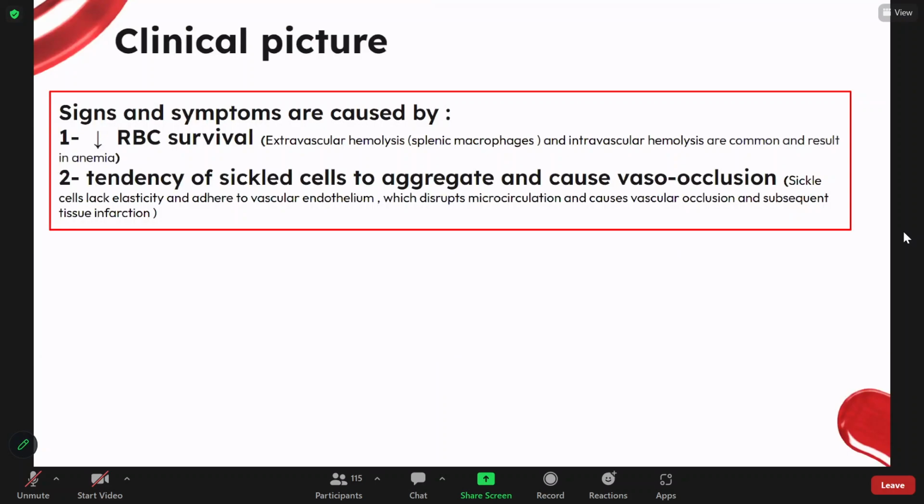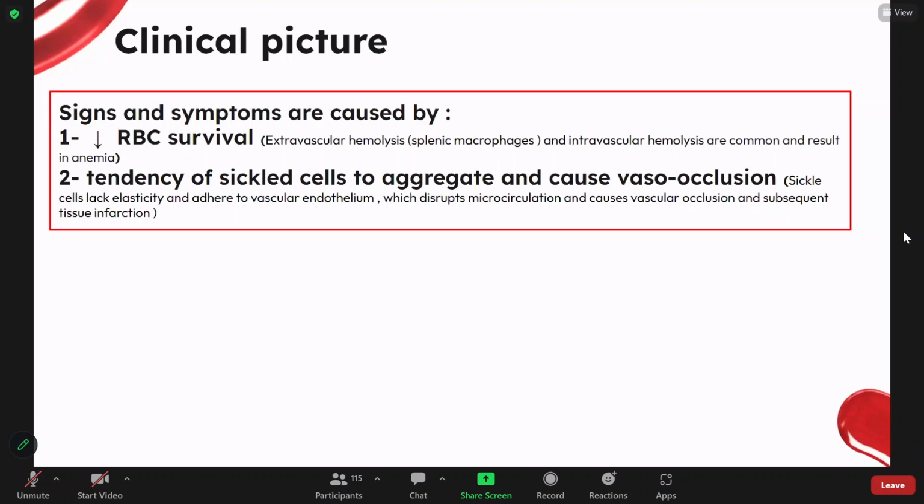The clinical picture is caused by two mechanisms. The first one, reduced RBC survival, either extravascular hemolysis, when the macrophages of the spleen phagocytose the abnormal RBCs, or intravascular hemolysis, when a weak cell membrane of RBCs leads to their destruction in the blood vessels.